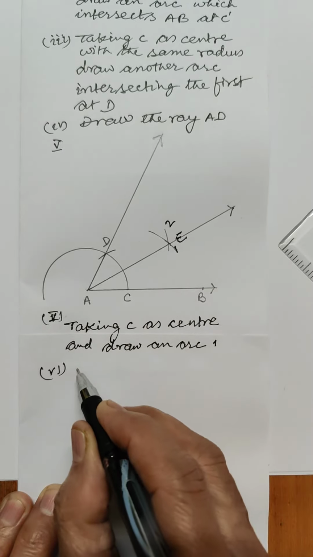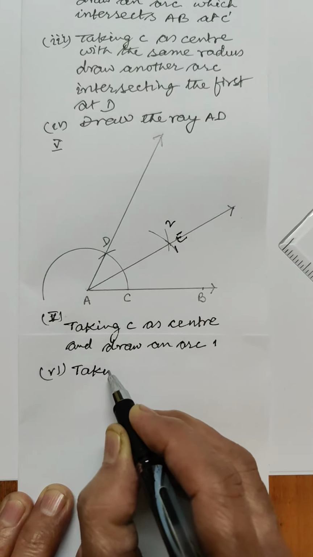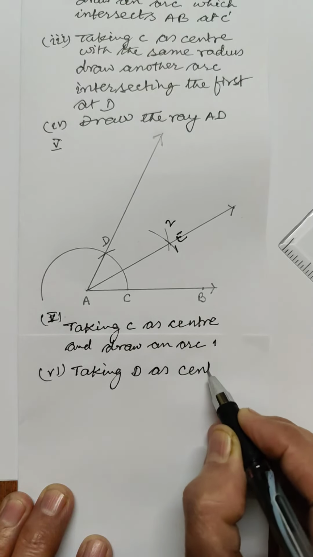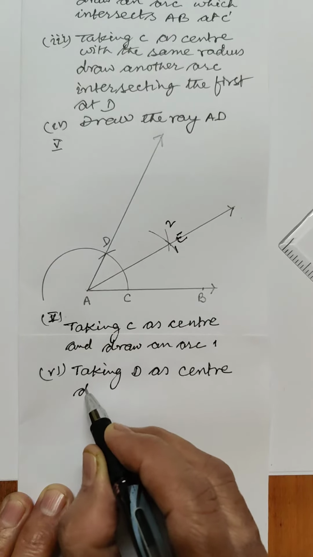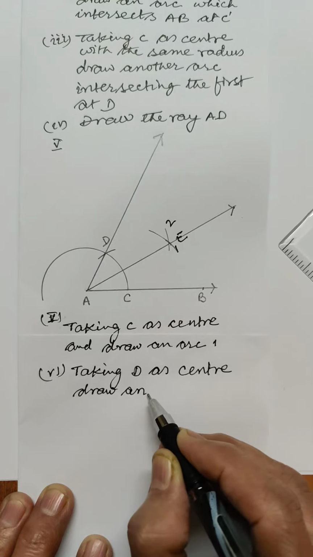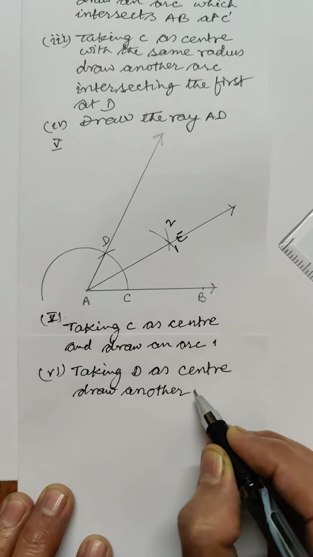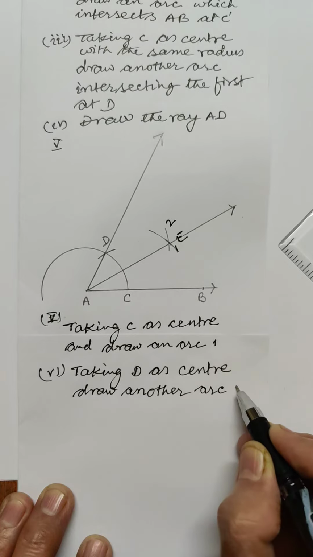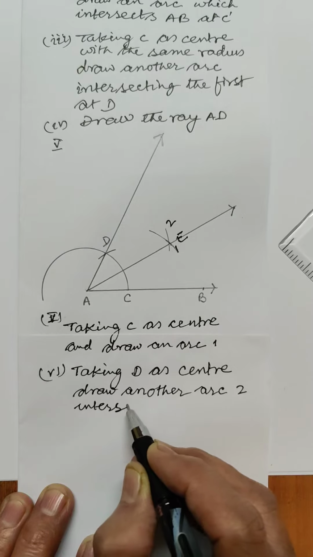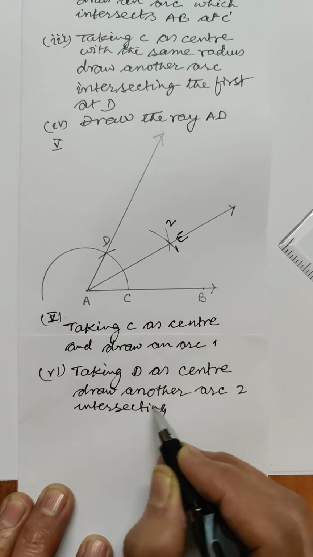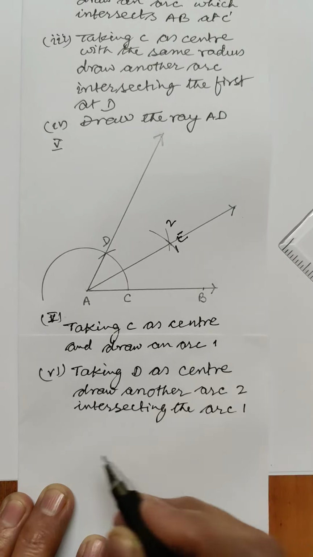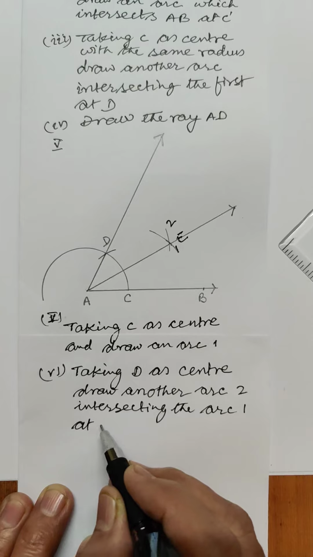Now taking D as center, draw another arc, arc 2, intersecting the arc 1 at E.